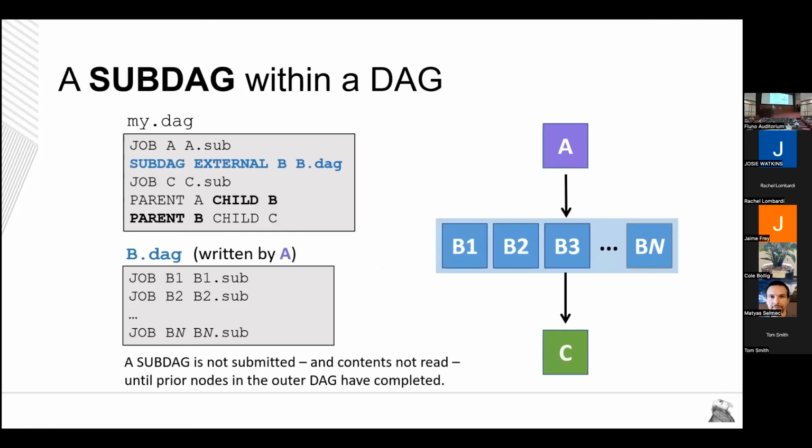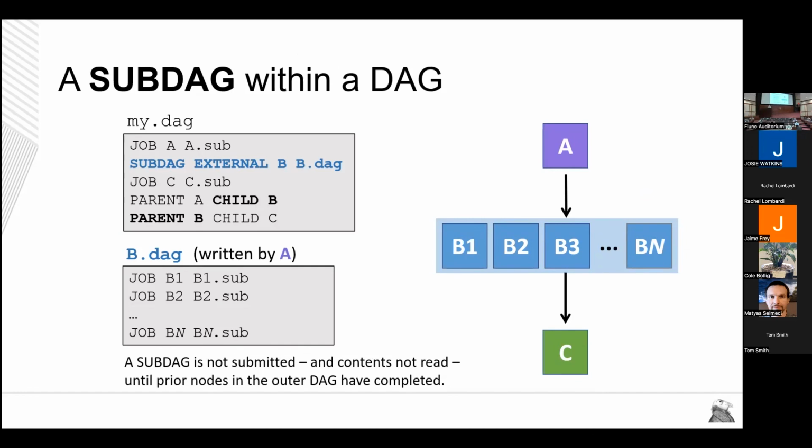This is a bit different from a SPLICE, even though it will look the same in contents for the sake of these examples. In this case, a sub-DAG is another DAG that will get submitted by our outer DAG. It will be another job in the queue, another workflow managing its own combination of jobs within the sub-DAG file.